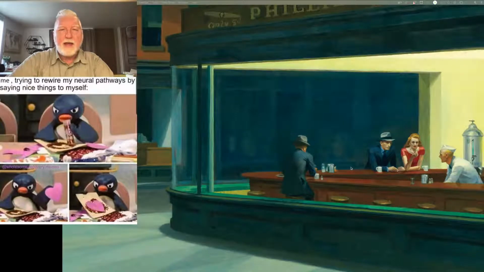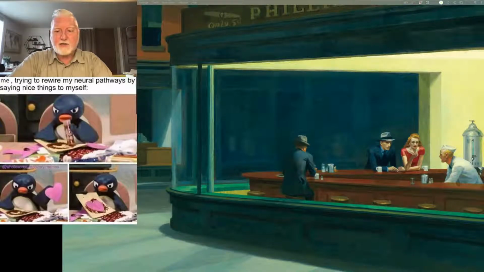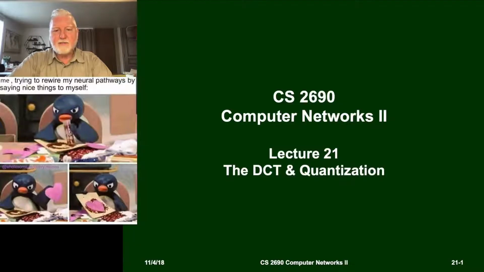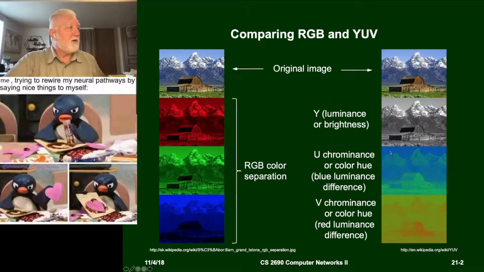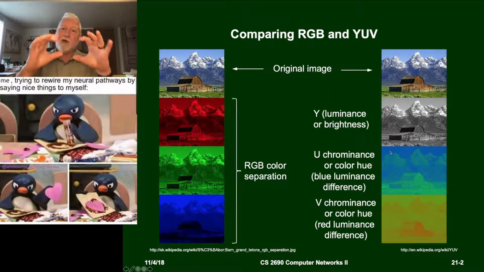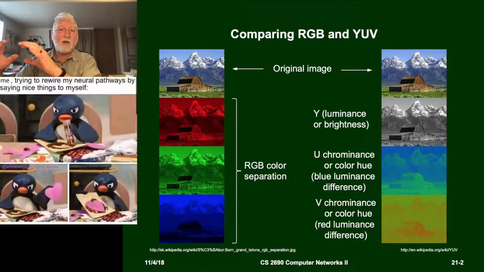Okay, and so let me jump over to this, which is really a continuous lecture about DCT and quantization. So remember again, we had that step of DCT, quantization, and then encoding, and that was JPEG compression.